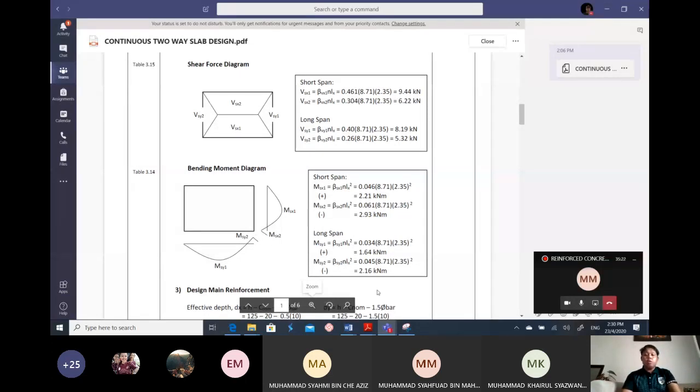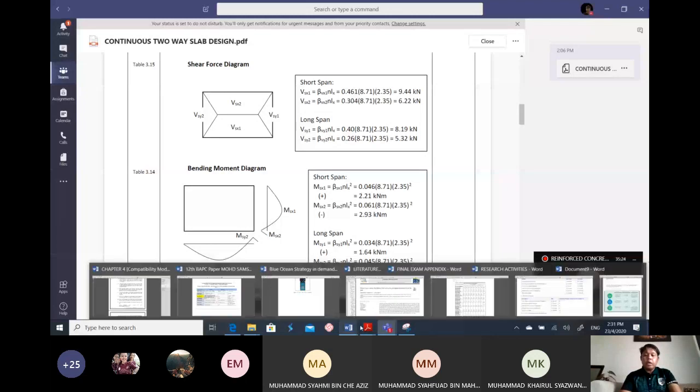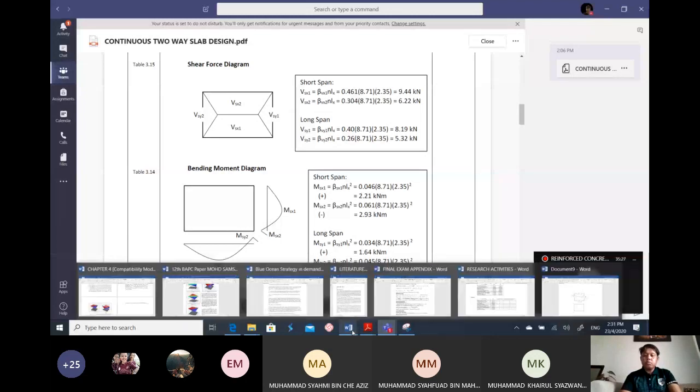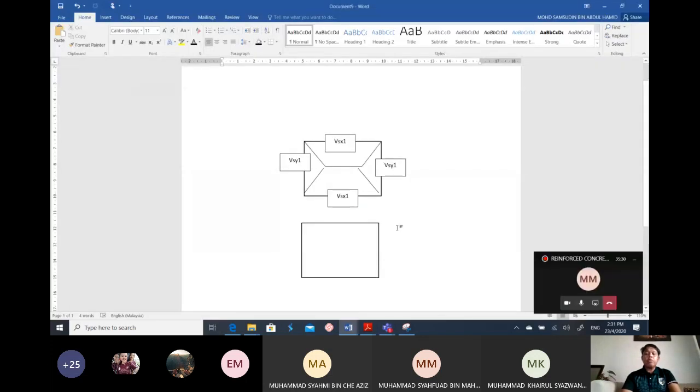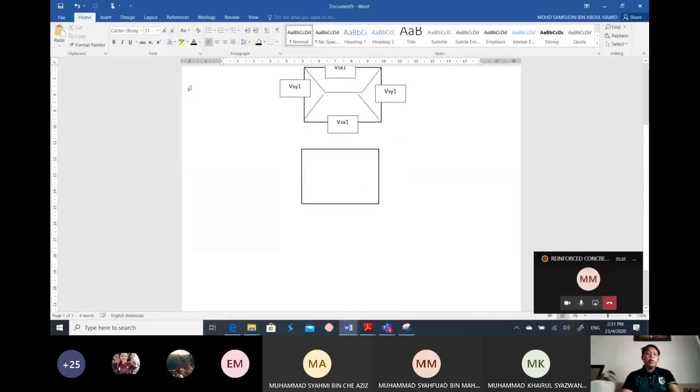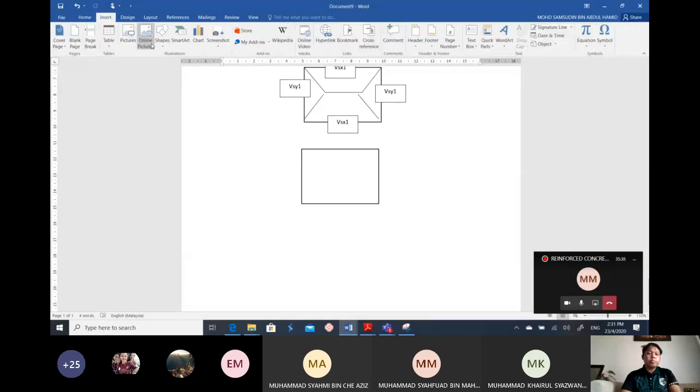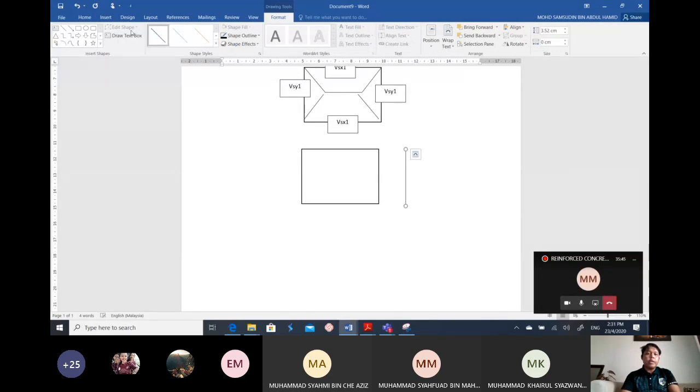Okay, so let's say we have this example. How to draw our bending moment here? To draw the bending moment, because this is an interior panel, ini wajib korang kena lukis kalau dalam test pun, because there is a mark. Kalau you tak tulis value dia pun, you tulis MS1, MS2 macam tu.